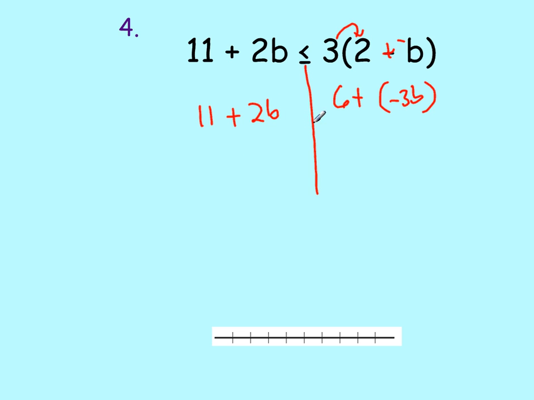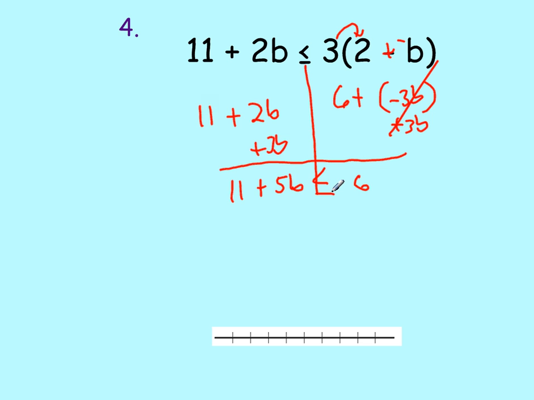I want to move my variable to the left side, because I want the variable on the left side to graph my inequality. So I'm going to add 3b to both sides to cancel out this term here. So I'm left with 6 over here, and here I'm left with 11 plus 5b. The sign stays the same.